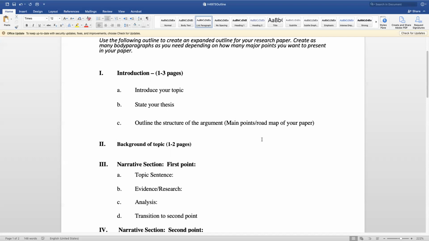Okay. And it should be 1 to 2 pages, no more than 2 pages. You don't want to get lost in your background. You basically just want to get your reader up to snuff. So you're contextualizing your paper, you're contextualizing your topic. Here's how we got to this point. And from this point on, I'm going to go into more detail.